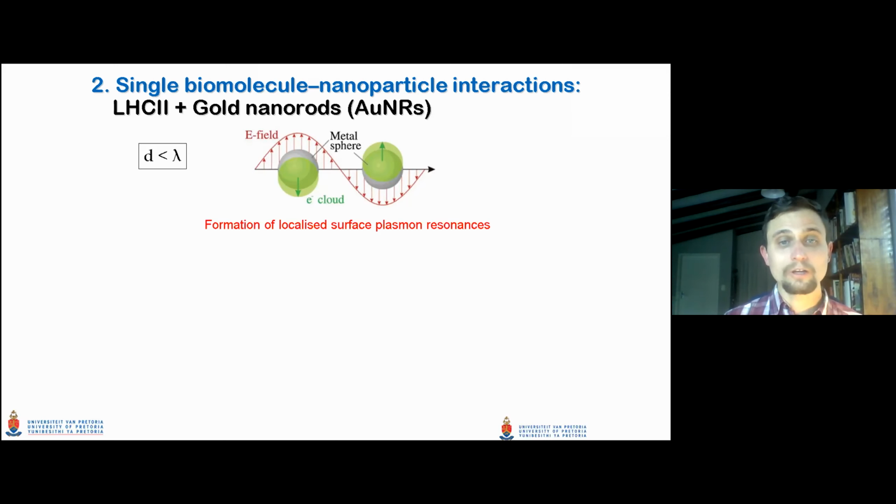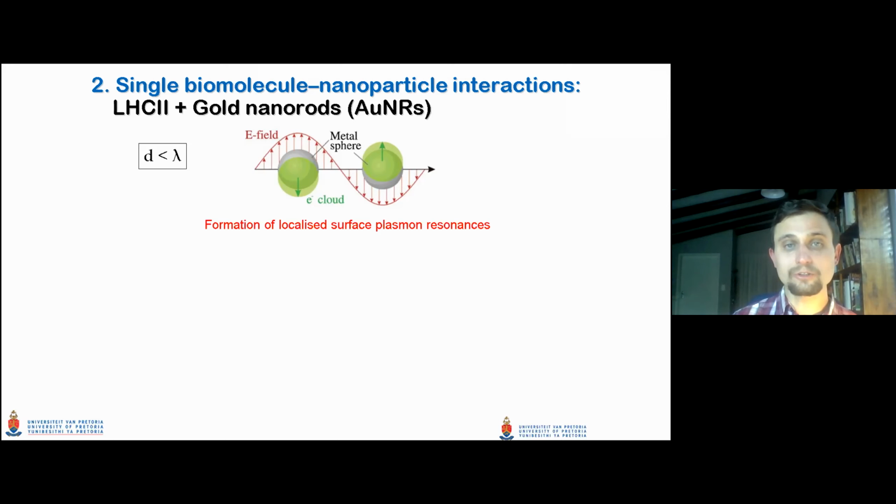Okay, so surface plasmon resonances, or localized surface plasmon resonances, are formed when a specific dimension of your metallic nanoparticle, a metal like gold or silver, is smaller than the wavelength of the light.